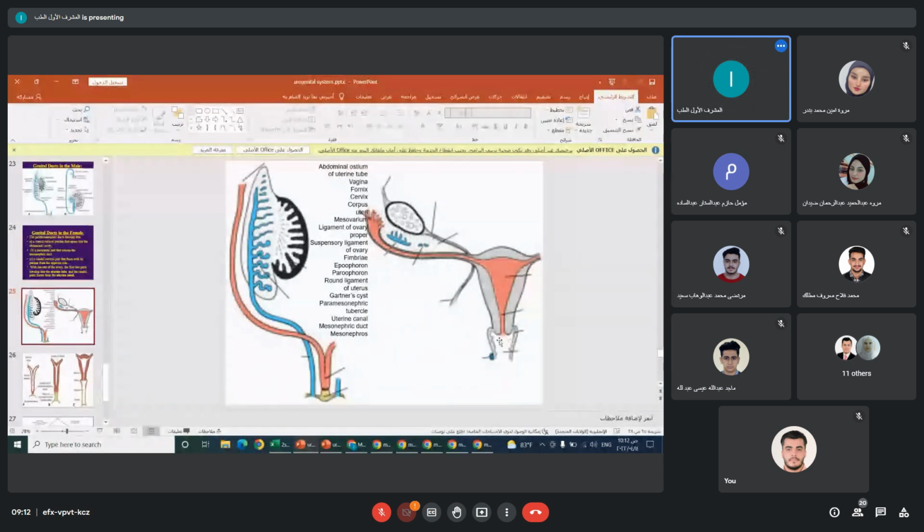4/5 of the vagina. So the vagina, what will it form by? By the fused Mullerian duct, 4/5. And the lower fifth will form by the urogenital sinus.